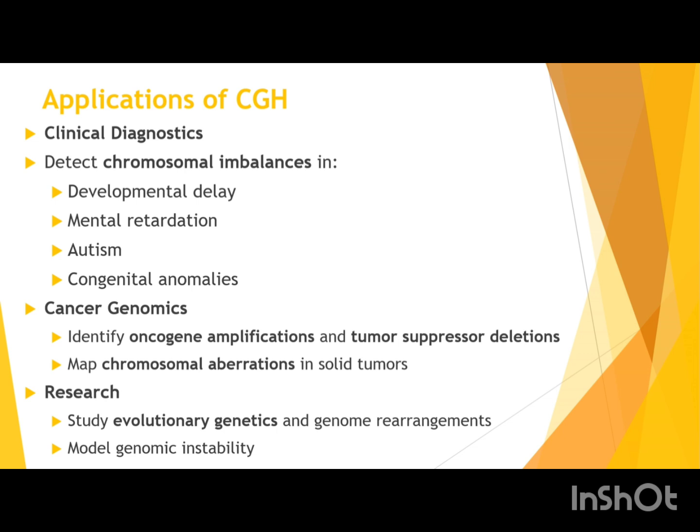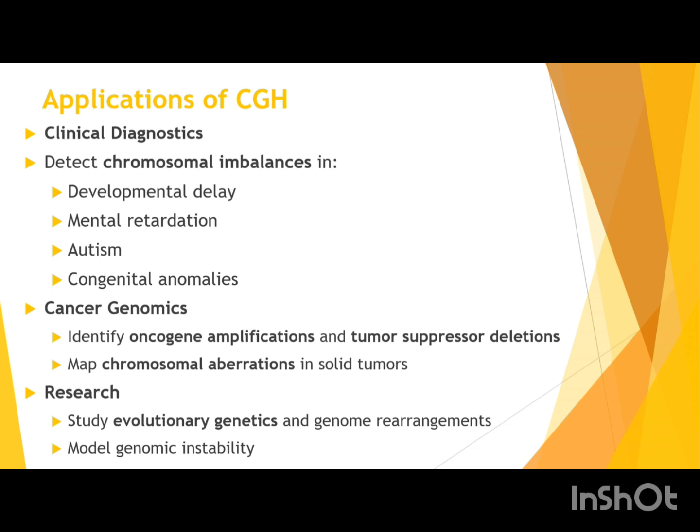Applications of comparative genomic hybridization in clinical diagnosis: it helps in identifying chromosomal imbalances like developmental delay, mental retardation, autism, congenital abnormalities and so on. In cancer genomics, it identifies oncogenic amplifications and tumor suppressor deletions.